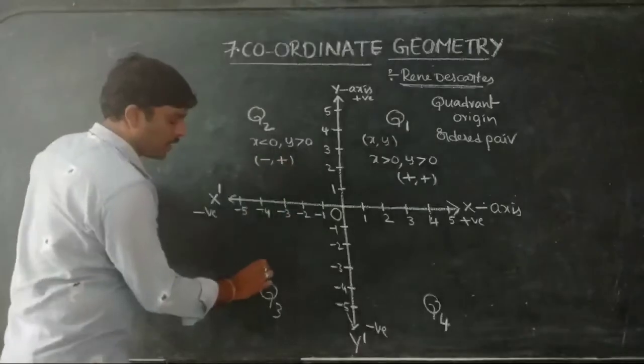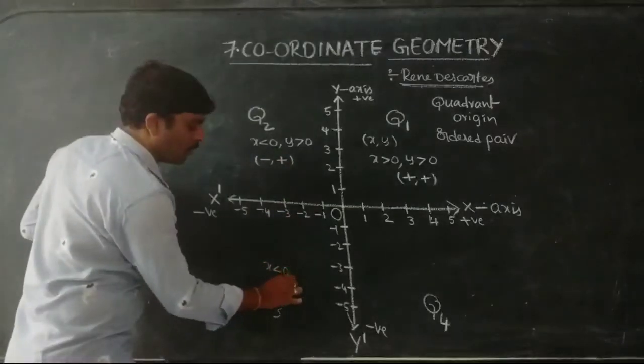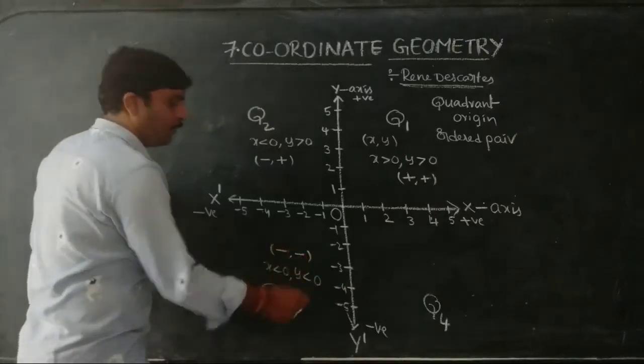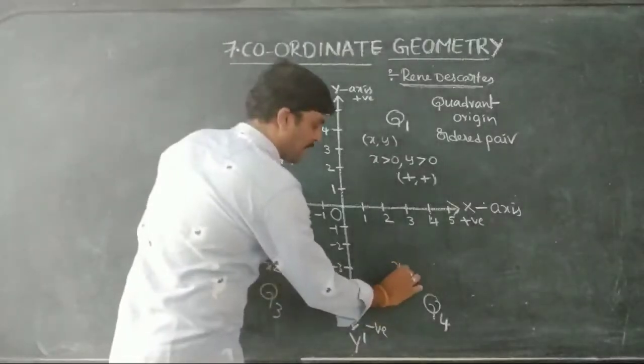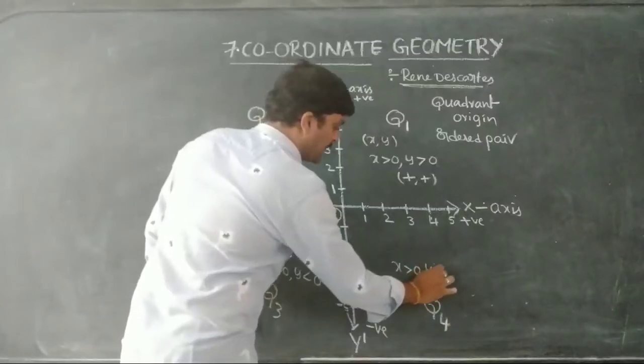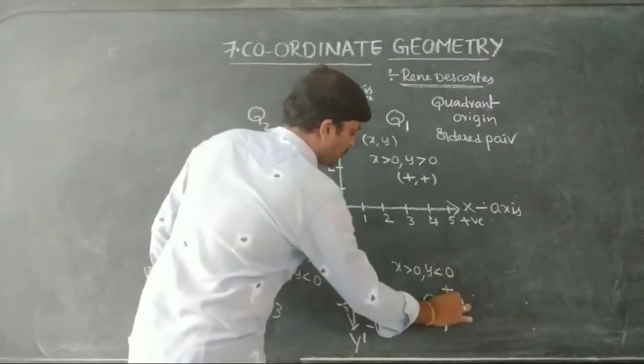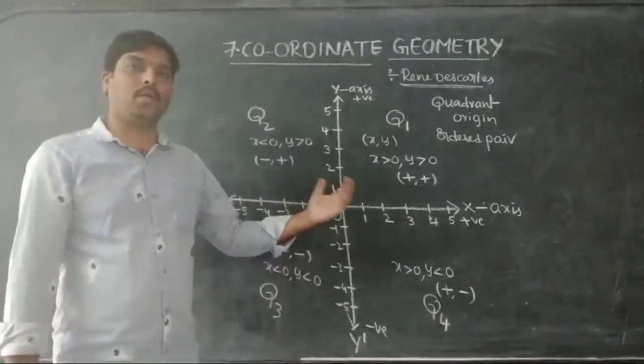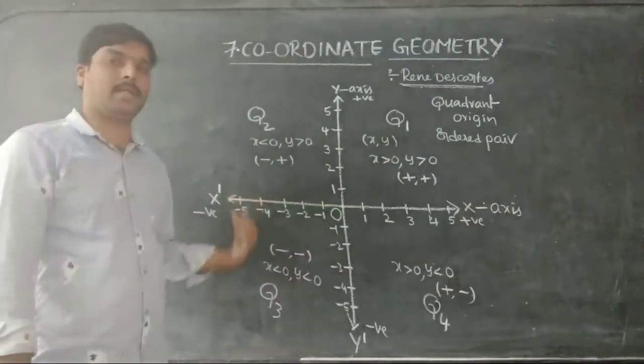In the third quadrant, x is less than 0 and y is also less than 0, meaning minus. In the fourth quadrant, x is greater than 0 and y is less than 0, meaning plus, minus. If you take that type of points, you can represent the first, second, third or fourth quadrant.